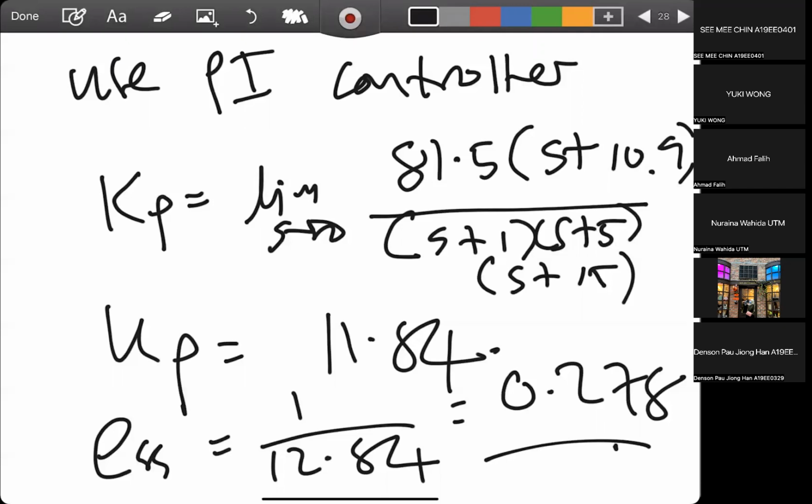Is it correct? 1 over 12.84, 0.278. Please check. Correct?